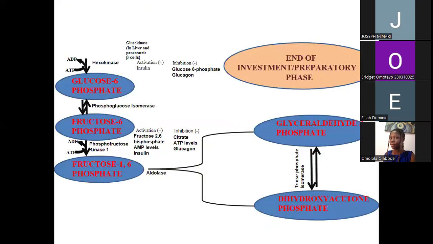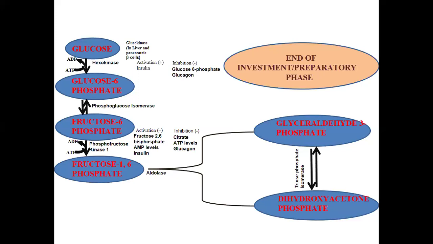Okay, so let's look at it now. Glycolysis, I told you, is the process of breaking down glucose to pyruvate and then with the concomitant generation of ATP. Now, glycolysis can be grouped into two phases.